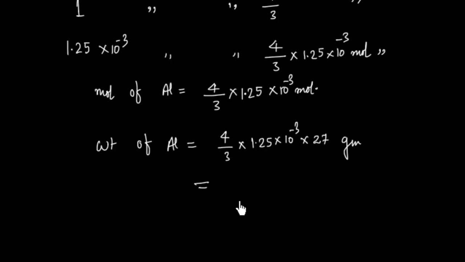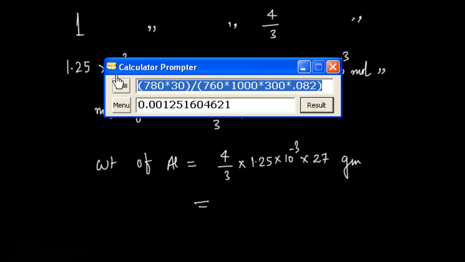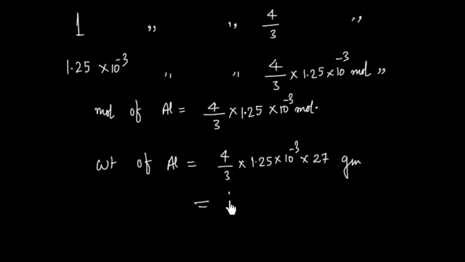So let us check this value using calculator. So this is 4 into 1.25 into 27, and let us say divided by 3. So this is 45 into 10 to the power minus 3 gram.